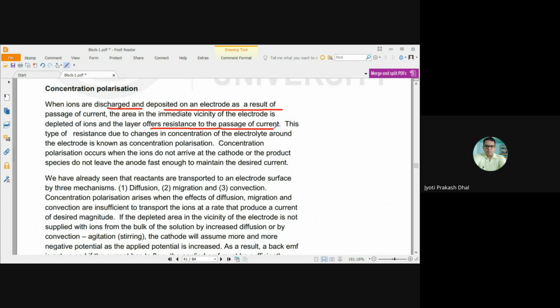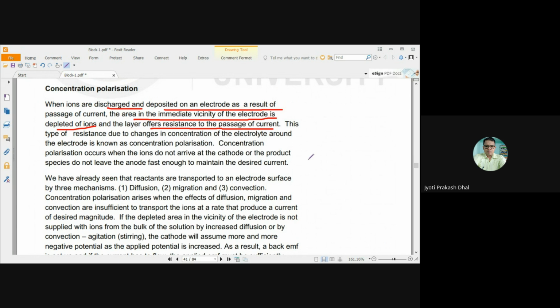When the metallic ions are discharged, they are converted into neutral metal atoms, which are solid substances. They deposit on the electrode. So as a result, the area in the immediate vicinity of the electrode is depleted of the ions, and the layers offer resistance to the passage of current.